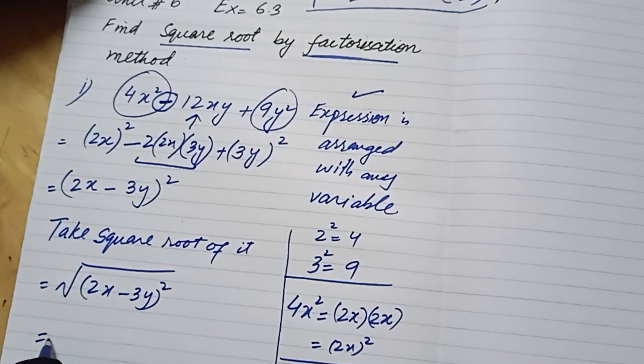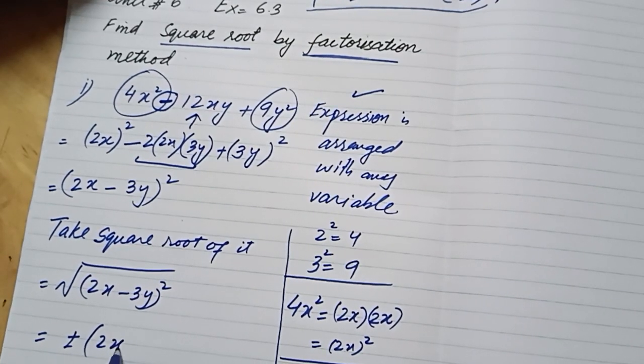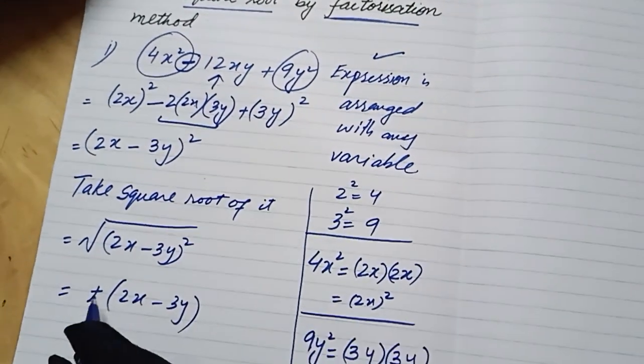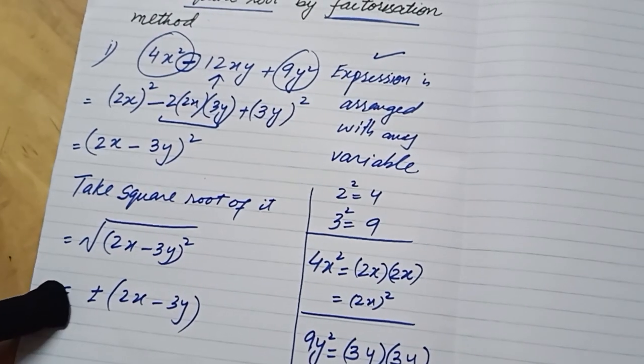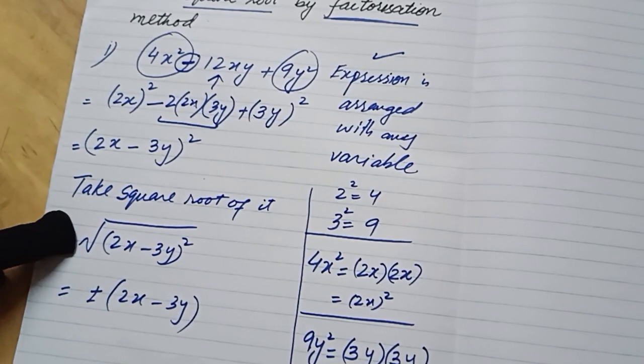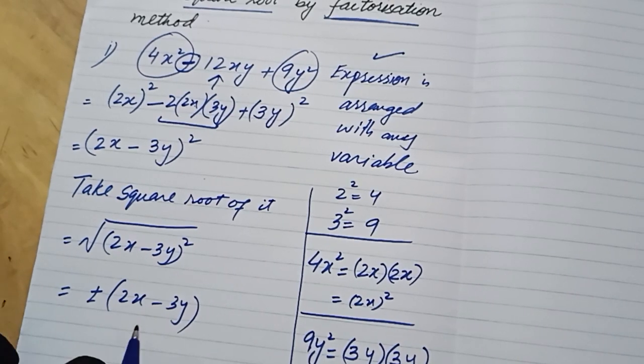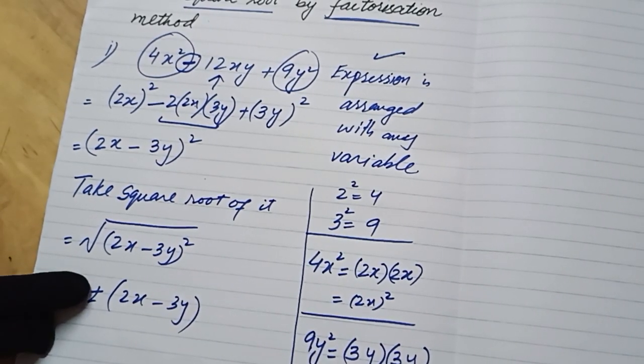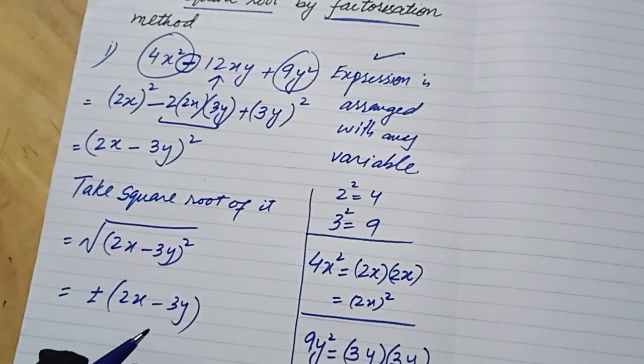Square and square root cancel each other and the answer will be plus minus 2x minus 3y. Plus minus for a reason, because you don't know whether the square was a positive number or the number originally was a negative number. So whenever we are opening the square root, or going back to the original number, we have to use both plus and minus signs.